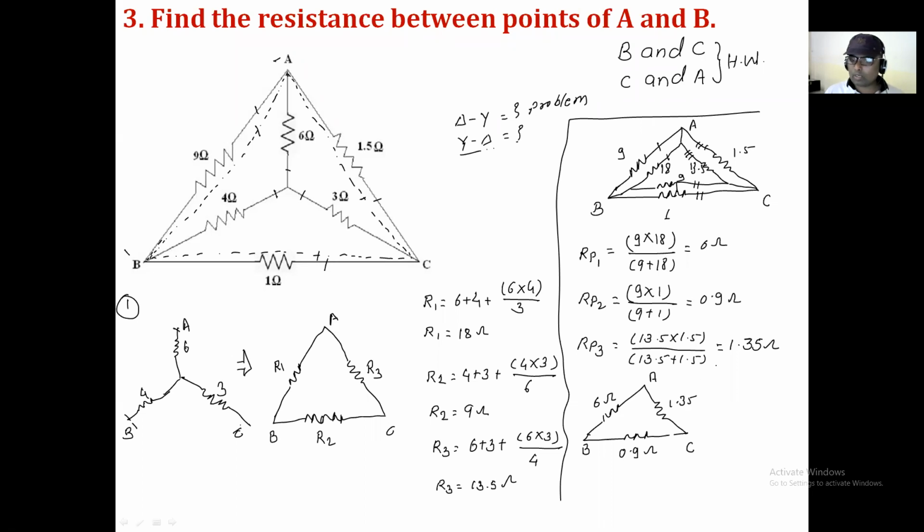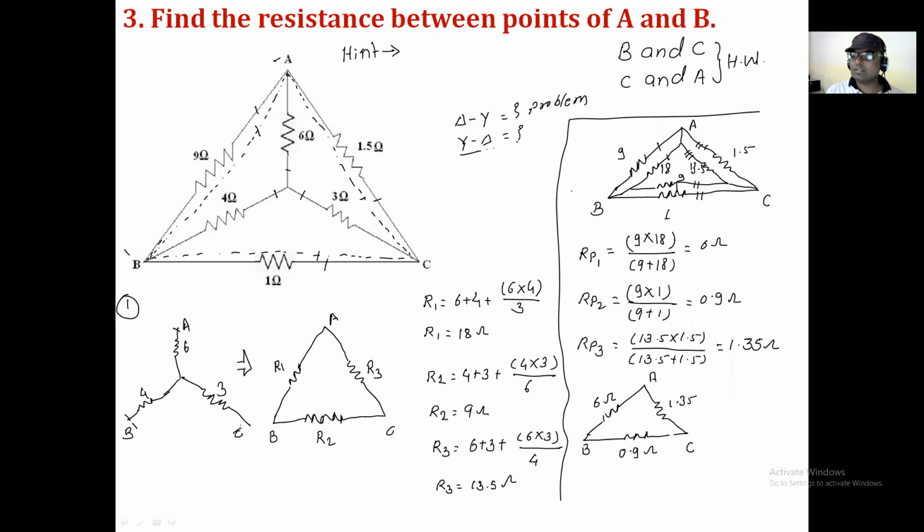Now, can you give me what is the resistance in between the point A and B? How can you calculate it? Can you give me what is the hint to calculate the resistance in between any 2 points in the circuit diagram?